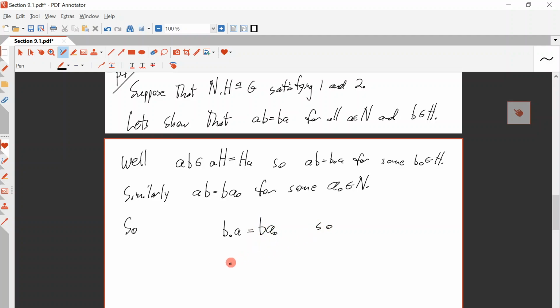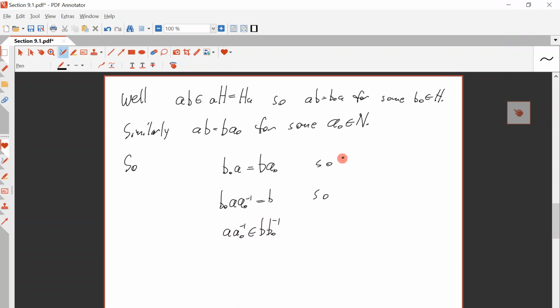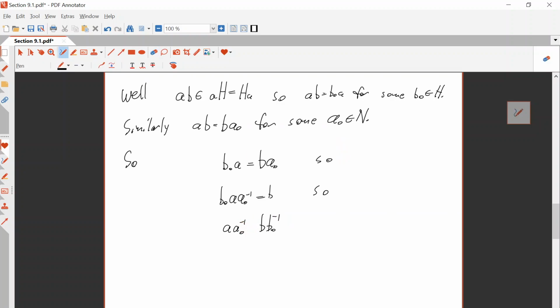So, multiplying on the left, B0A, A0 inverse is B. And multiplying on the right by B0 inverse gives me A A0 inverse is equal to B0 inverse.